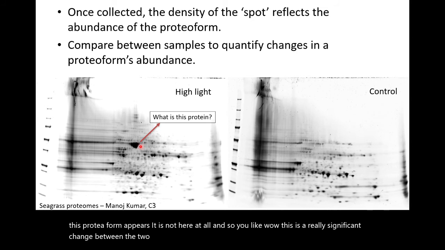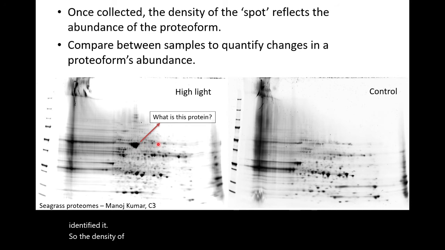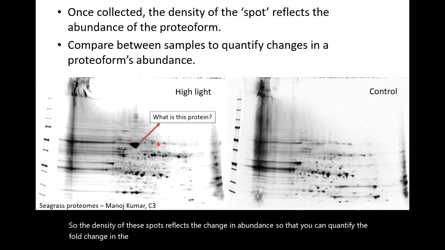What is this protein? We would have cut it out and identified it. So the density of these spots reflects the change in abundance, so that you can quantify the fold change in the amount of protein that is in two different samples by measuring the density in this particular case.